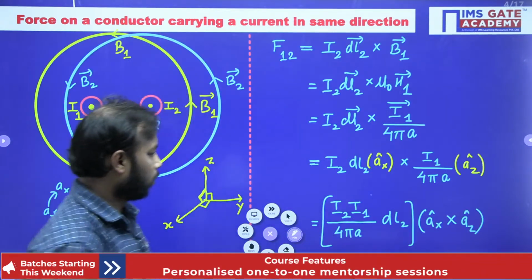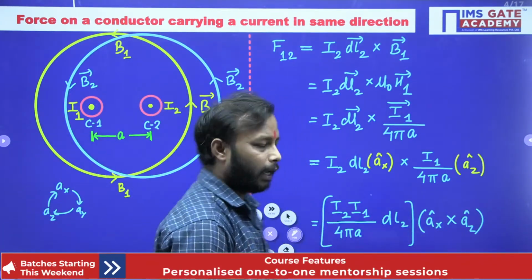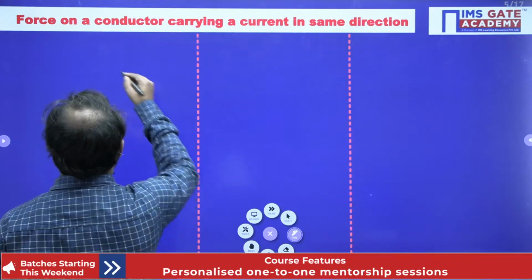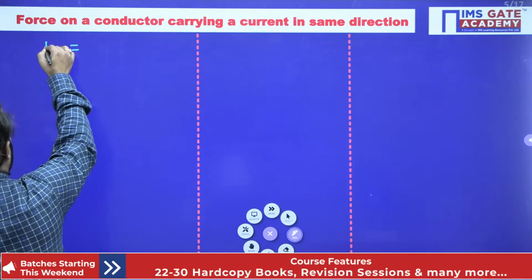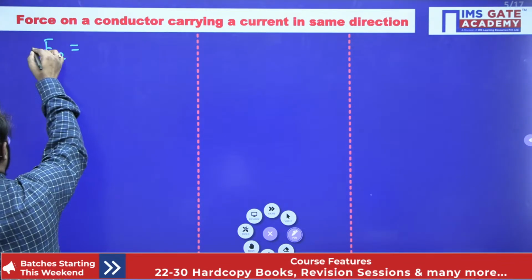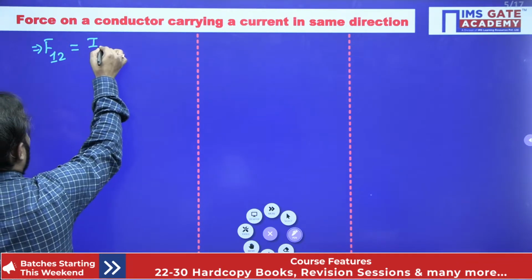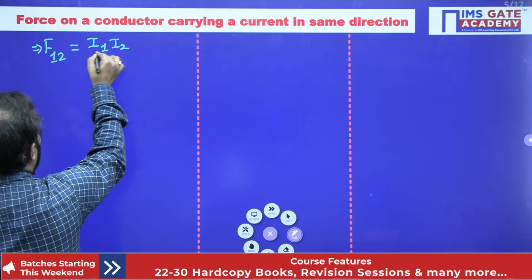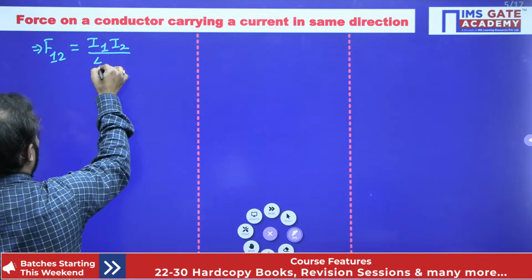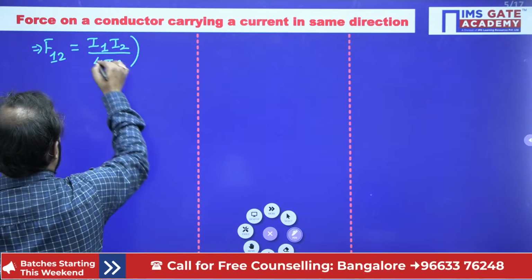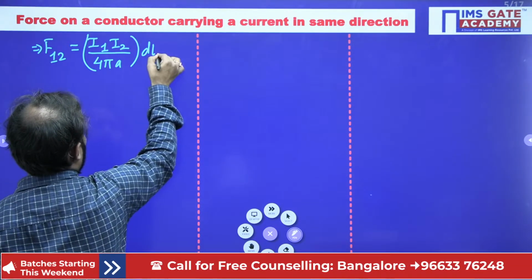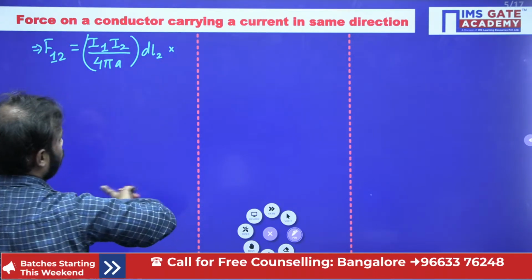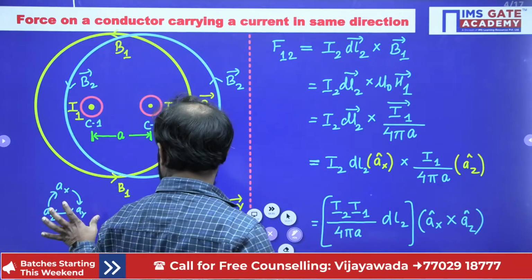So AX cross AZ will be what? This is equal to F12, I1 I2 divided by 4 pi A times del L2 into AX cross AZ, which will be minus AY.